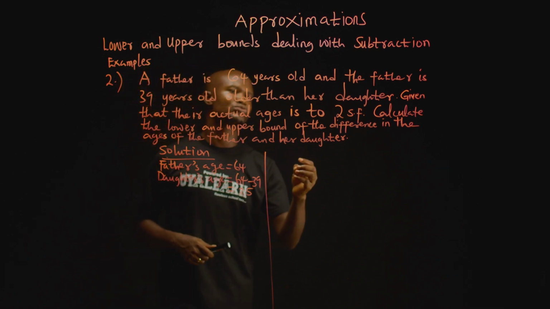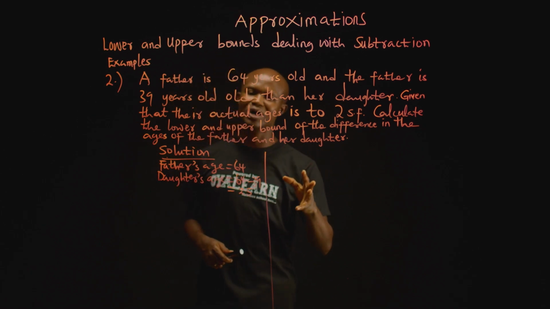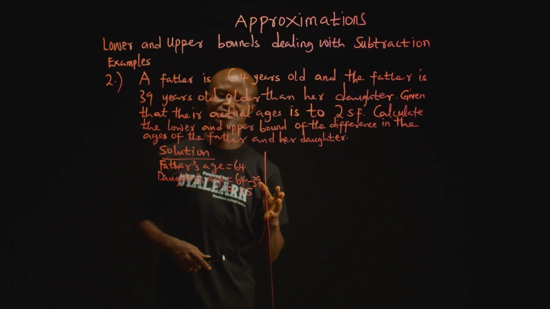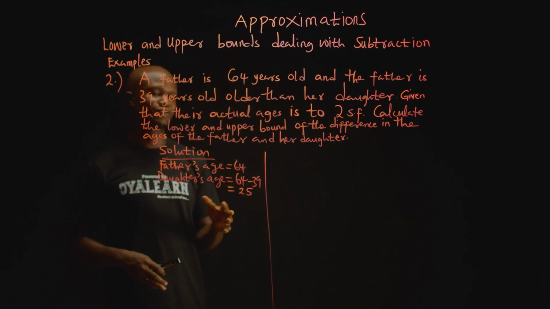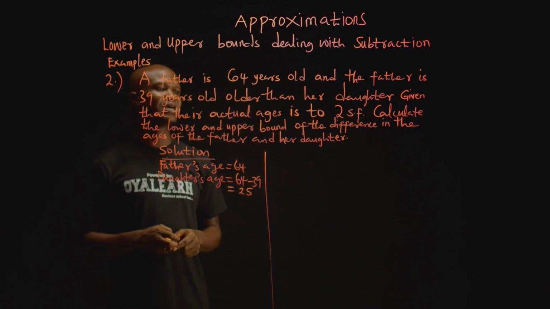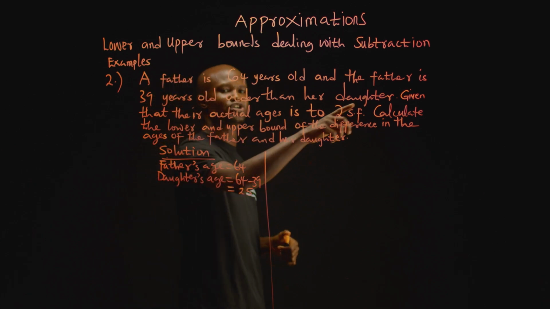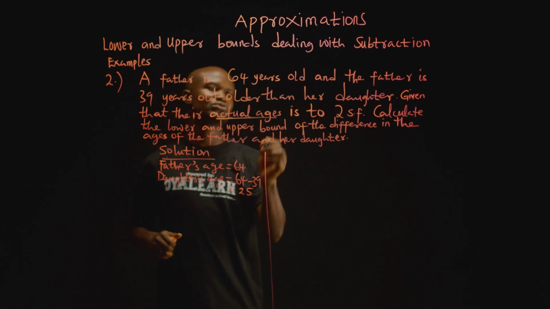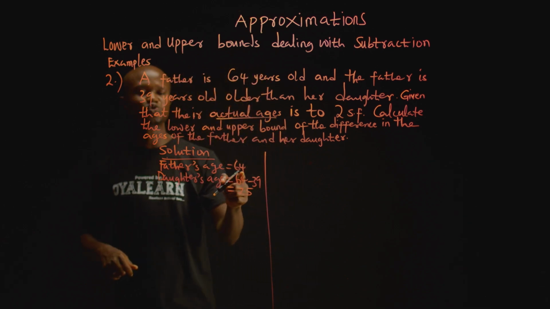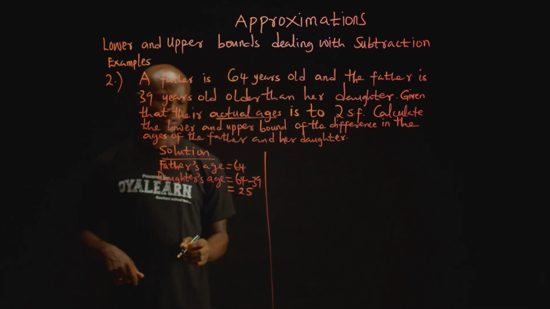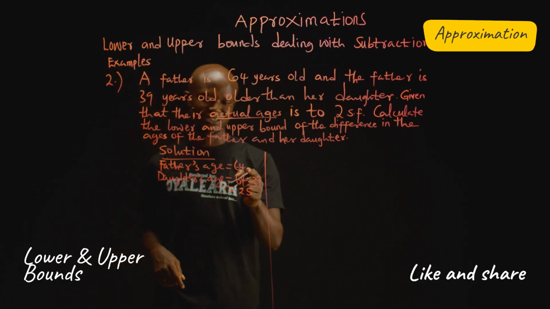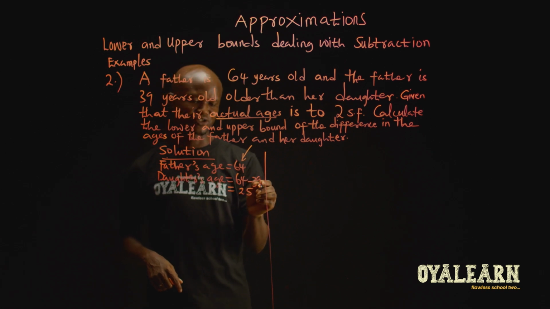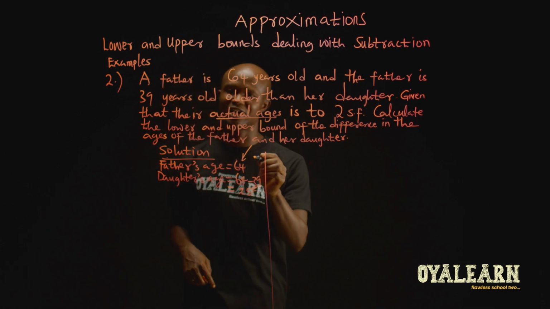Now we have to calculate the lower and upper bound of the difference in the ages of the father and our daughter. Now, looking at the equation, there's a condition here. Given that their actual ages are to 2SF, since each of these is to 2SF, the last number, what is the place value of this?